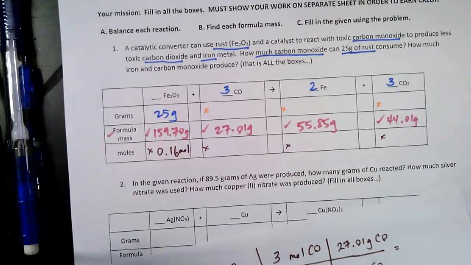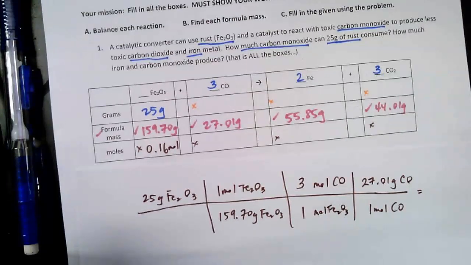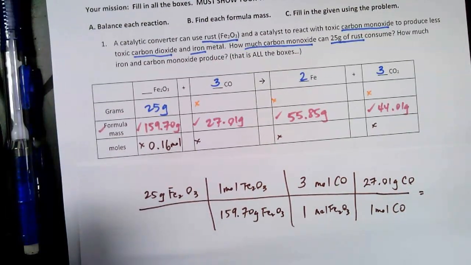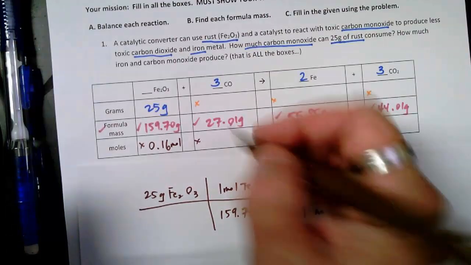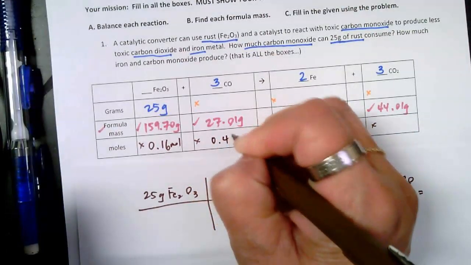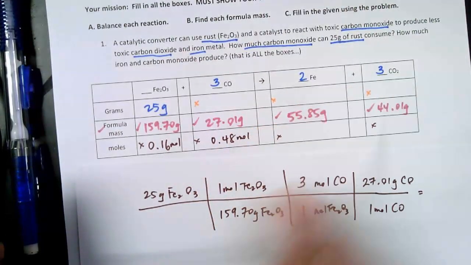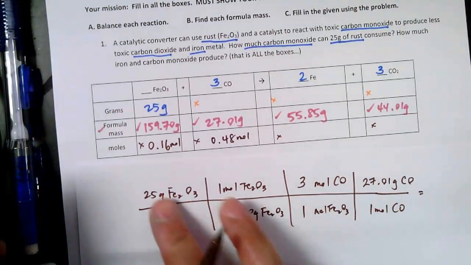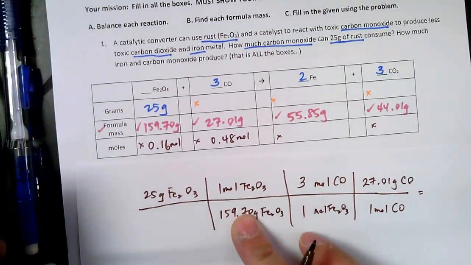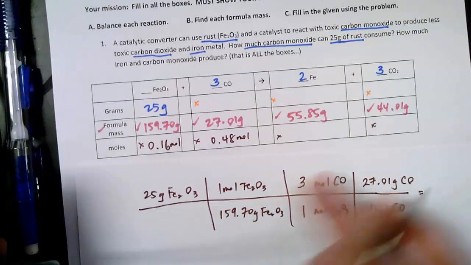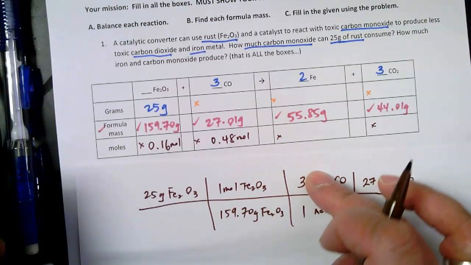So it'll be 0.16 times 3, which will get me my number of moles, because ultimately what I did was I took this divided by this, then times this, because that is how I get to moles.